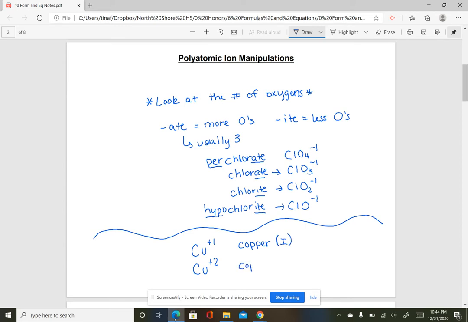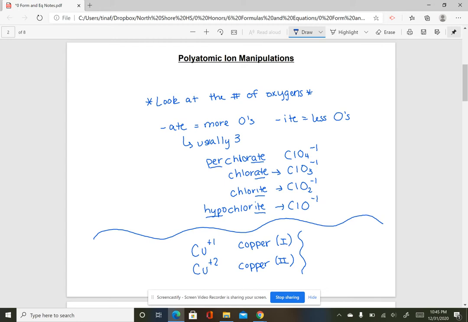If it's 2, we write it as copper with a Roman numeral 2. Now, you guys are not only responsible for knowing the metals that have multiple charges and what those charges are, but you have to be able to say what their names would be in Latin. Instead of saying copper 1 and copper 2, you can say their Latin names and then you don't have to worry about the Roman numerals.